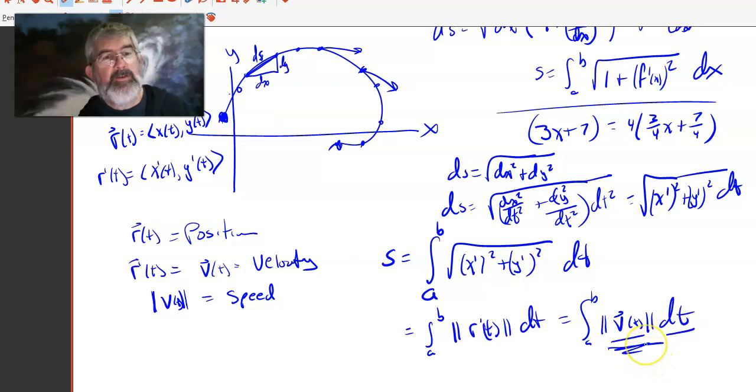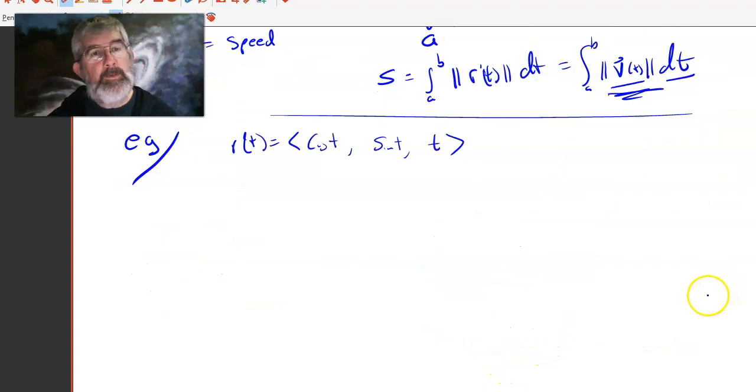So you have a certain velocity for a little bit of time, and then you have another velocity for a little bit of time, another velocity for a little bit of time. Each velocity times time is a little bit of distance, and then you add them all up, right? All those little bits of distance to get the total distance traveled along the curve. So the arc length is the integral from starting t value to ending t value of the length of the derivative vector dt.